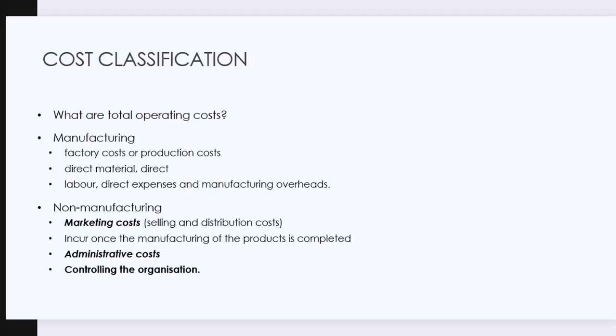So for example, this table needs to be marketed so that we can make sales. So your marketing costs are your non-manufacturing costs. Selling and distribution, those are your non-manufacturing costs.